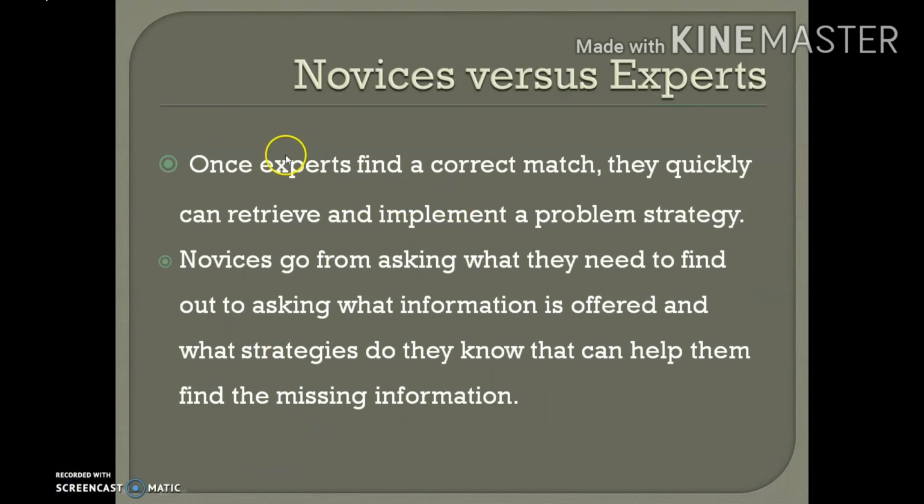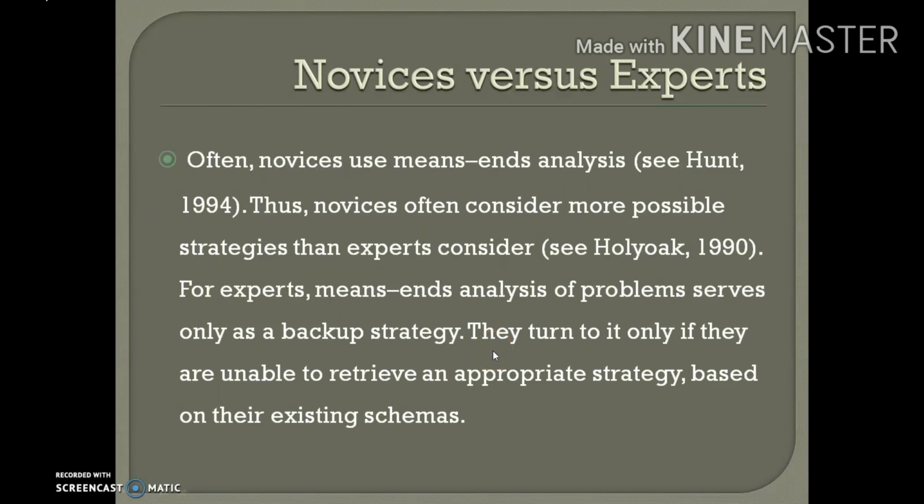So once experts find the correct match, they can quickly retrieve and implement a problem strategy, while novices go from asking what they need to find out to asking what information is offered and what strategies they know that can help them find the missing information. Often, novices use means-ends analysis.